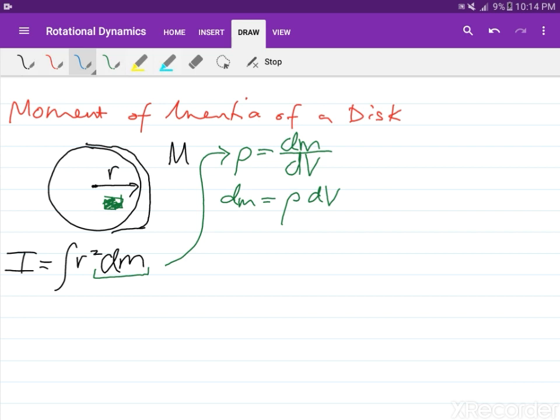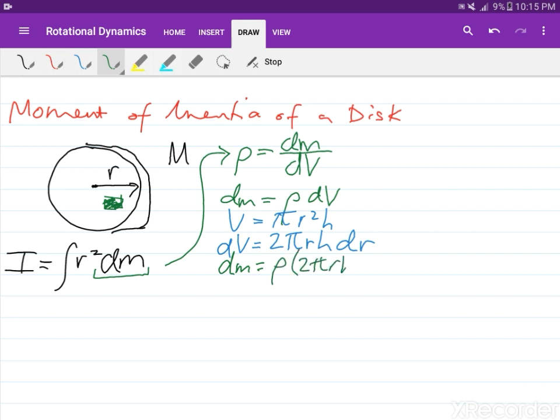But we know that V of a cylinder is pi r squared times h. So we get the differential volume with respect to r: 2 pi r h times dr. Now we have dm equal to rho times 2 pi r h times dr.